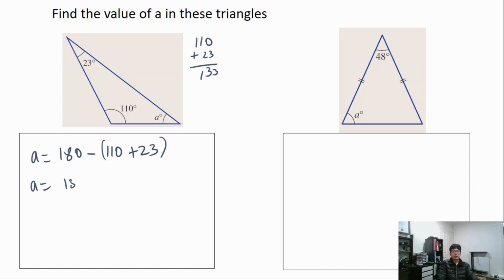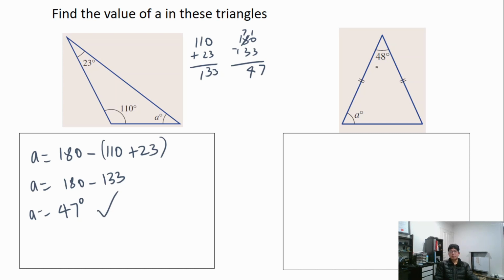That equals 180 minus 133. So a equals 180 minus 133. Let's do that up here. 180 minus 133. 10 minus 3 is 7. 7 minus 3 is 4. 1 minus 1 is 0. So we have 47 degrees up here. Give yourself a tick if you got that one correct.